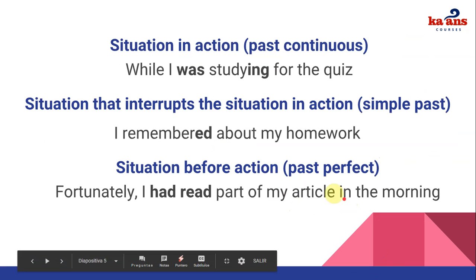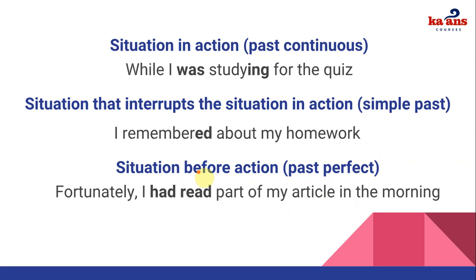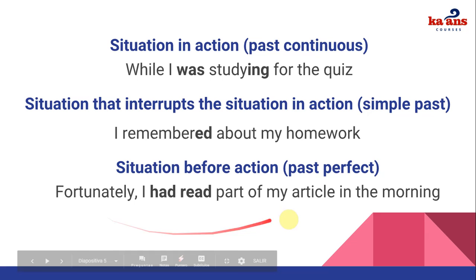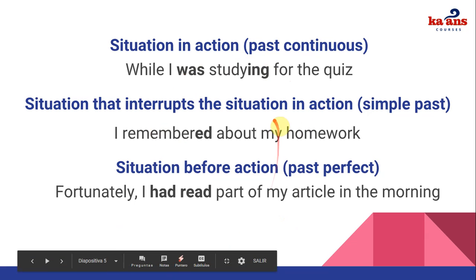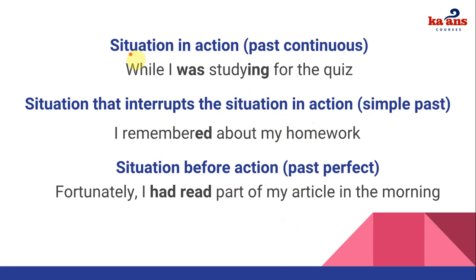The third one we're adding is the past perfect, a situation before that action, before everything happens. It would be the first situation, before the rest of your story happened. We have a small example here with the three tenses.